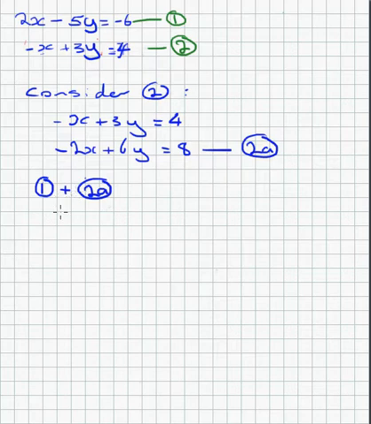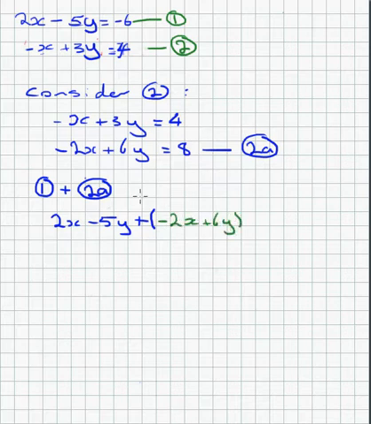So 1 plus 2a gives us, we start by writing the left-hand side of our first equation, that's 2x minus 5y, and now we add the left-hand side of our 2a equation, our tweaked second equation, minus 2x plus 6y, which equals, since the first equation's right-hand side is minus 6, we add to it the right-hand side of our 2a equation, which is 8.